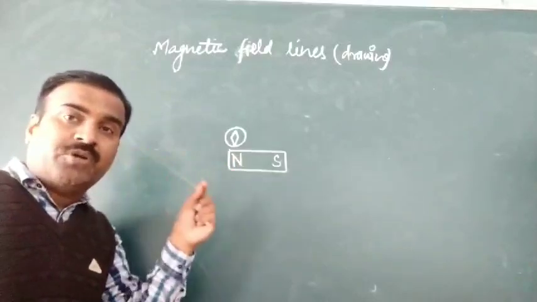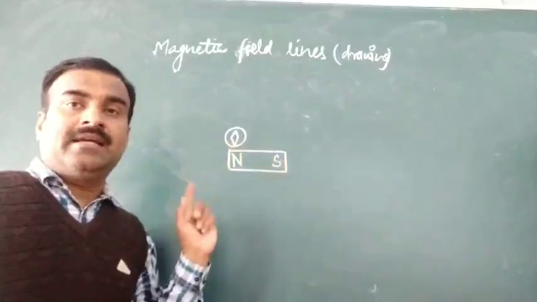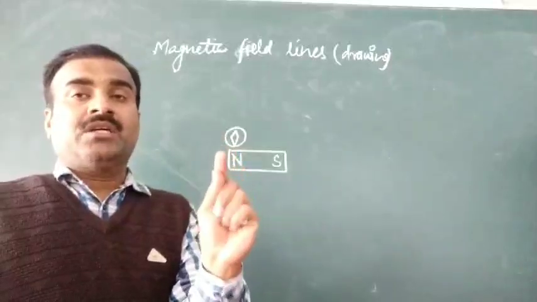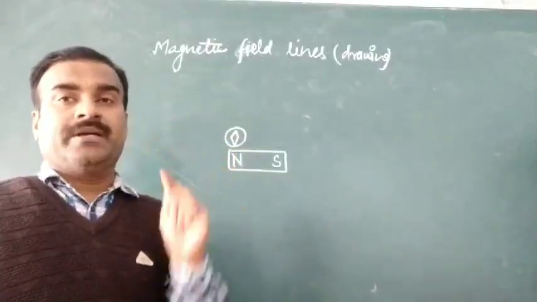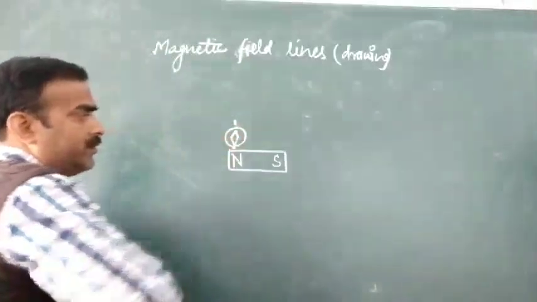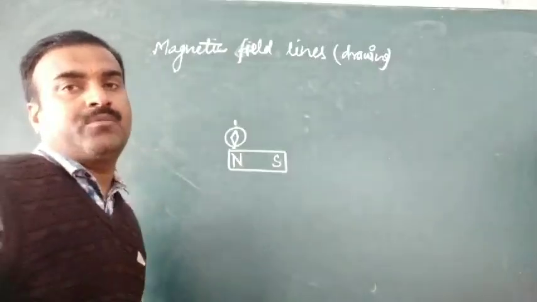Once we put the magnetic needle, deflection will be obtained, and at exactly the point where the needle stops, mark the point, the pointer position of the needle.